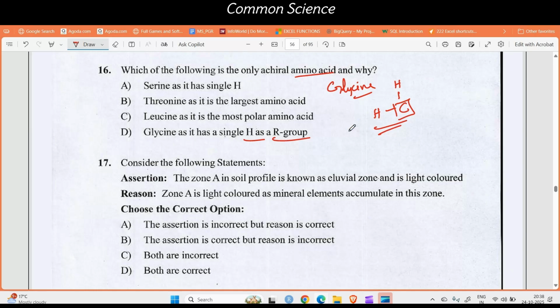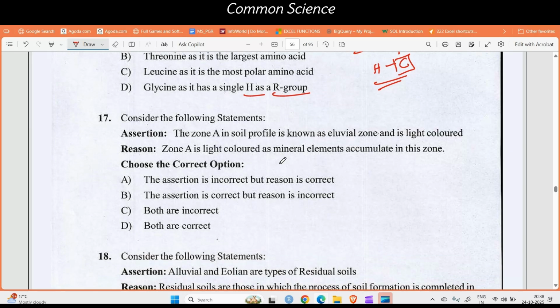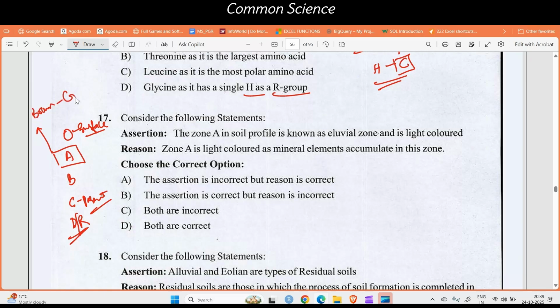Question number 17. In zone A, there is formation of humus, and this A zone is brown to gray in color.